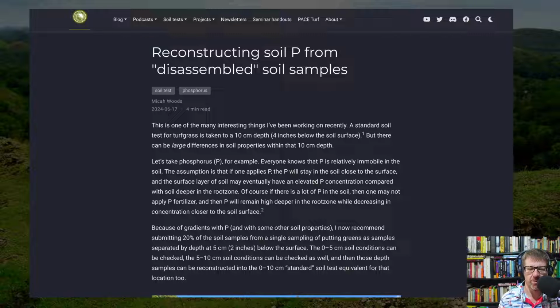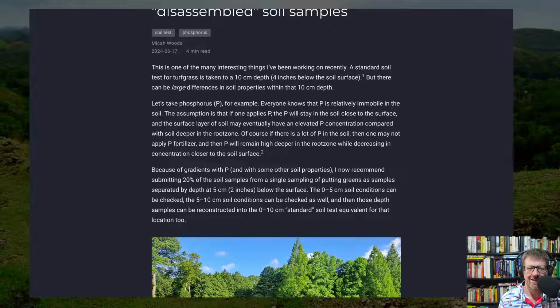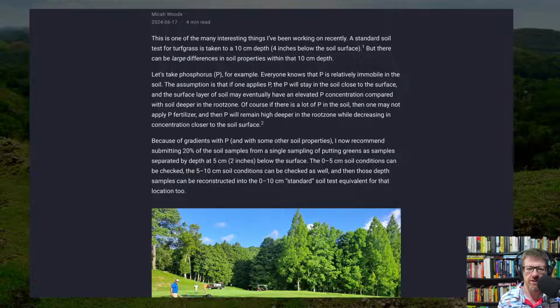I started off this post with some text that said, "This is one of the many interesting things I've been working on recently. A standard soil test for turfgrass is taken to a 10 centimeter depth or 4 inches below the soil surface. But there can be large differences in soil properties within that 10 centimeter depth." And that is correct.